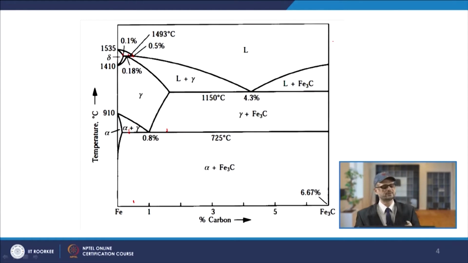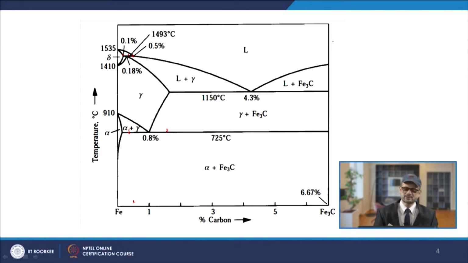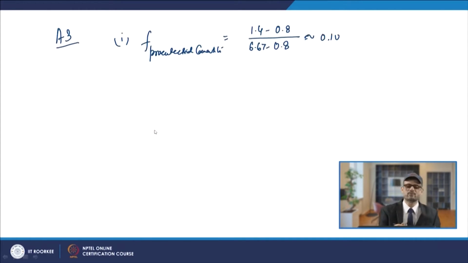Now, next is 1% carbon. For 1% carbon, you are coming again on this line. So, it will be 1 minus 0.8 divided by 6.67 minus 0.8.